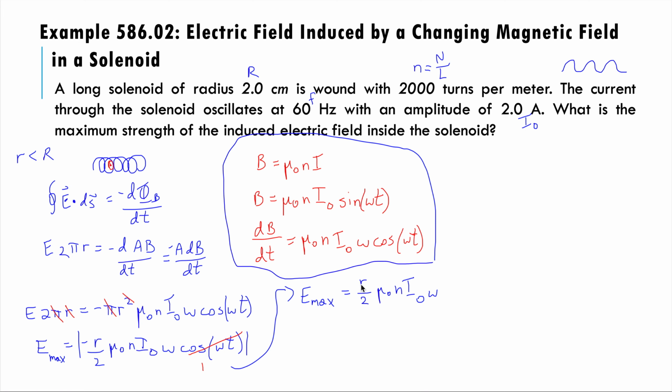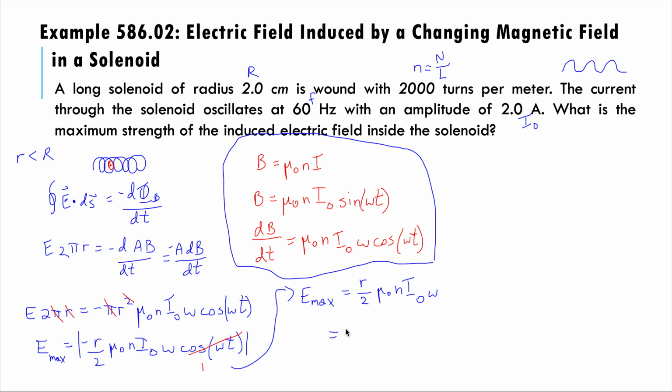We have to realize that the maximum field is going to be when r has its biggest value, and that's going to be right at the radius. That's the maximum value. So for the little r here, we can put the big R, the radius.